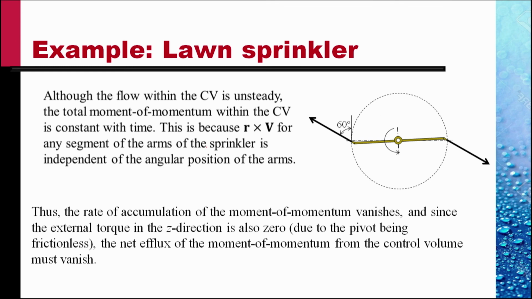Now the two orifices at 1 and 2, at both the sign of the momentum is the same. The sum should be 0. Each has the same value. So it means the moment of momentum flux at any orifice is equal to 0.